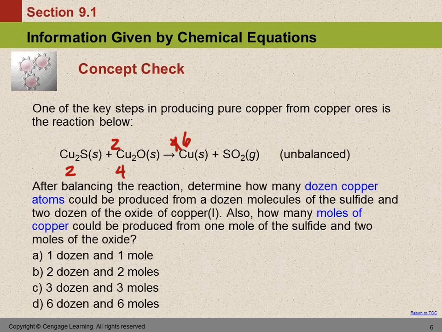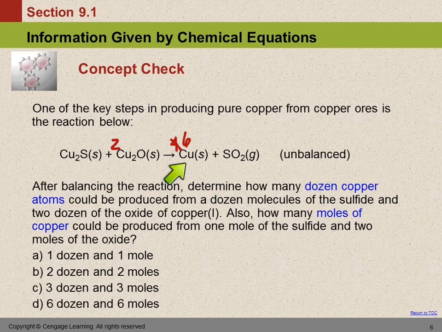And then it says after balancing, how many dozen copper atoms could be made from a dozen molecules of the sulfide and 2 dozen of the oxide? Well, this is the sulfide and this is the oxide.